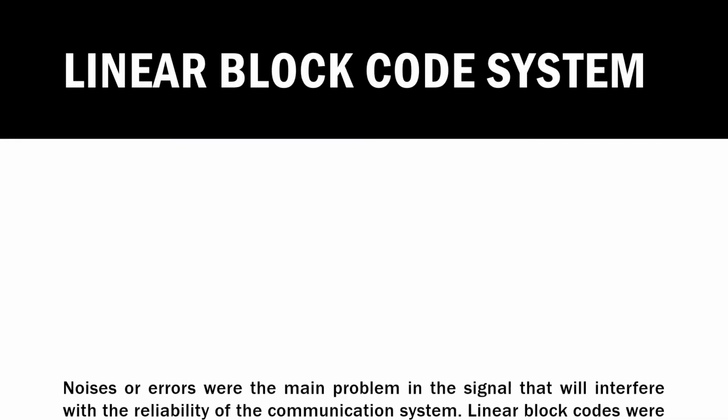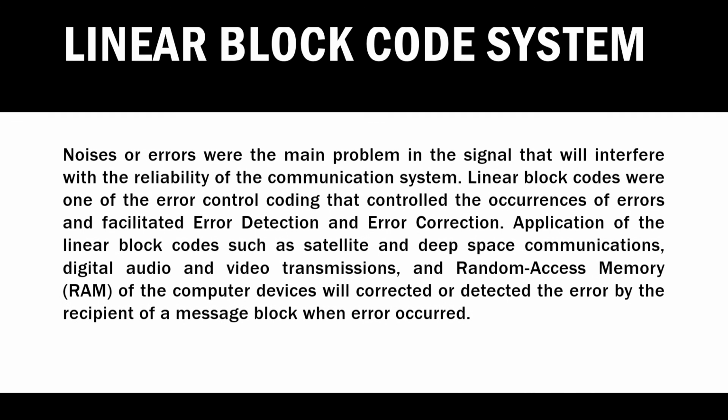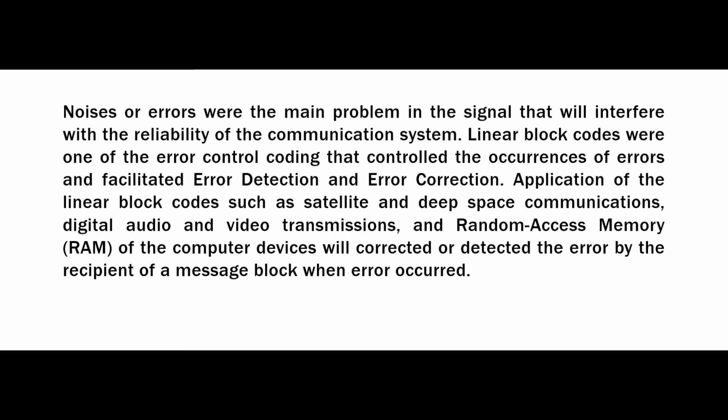Okay, I will go through the discussion a bit. Noise or error were the main problem in the signal that will interfere with the reliability of the communication system. The linear code of the error control coding controls the occurrence of error and facilitates error detection and error correction.